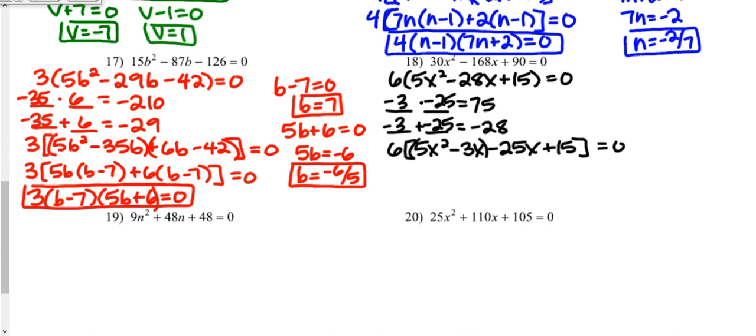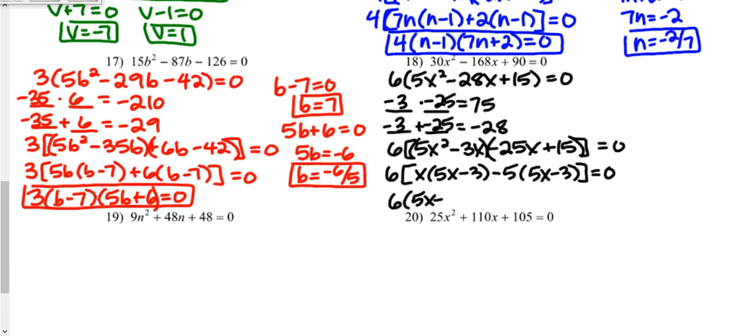And then I'm going to group and look for the common factor. Now I'm going to set each of my factors equal to 0.